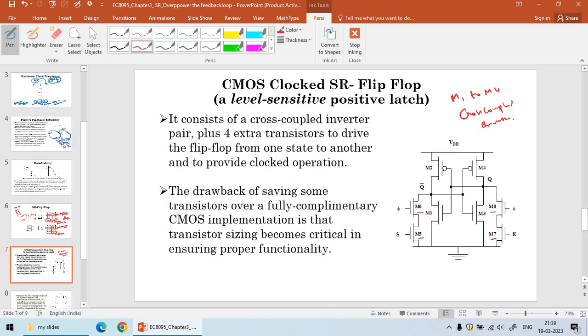The drawback of saving some transistors over a full complementary CMOS implementation is that transistor sizing is critical in ensuring proper functionality. So we have made 4 transistors extra.